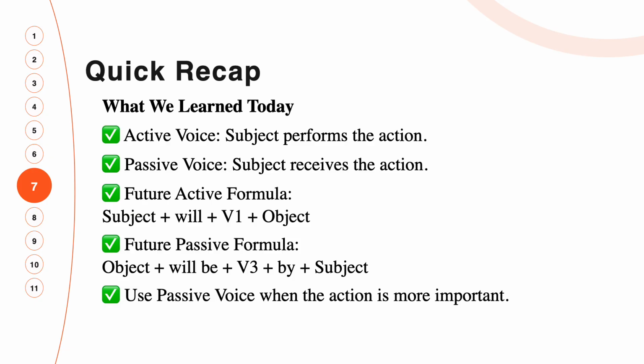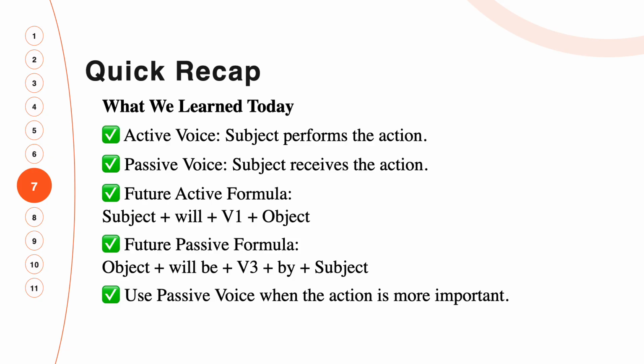Now we have learned that subject performs the action is an active voice and subject receiving the action is a passive voice. Now the future active formula is subject plus will plus version 1 plus object. Now you can use this formula to create a sentence with future active.